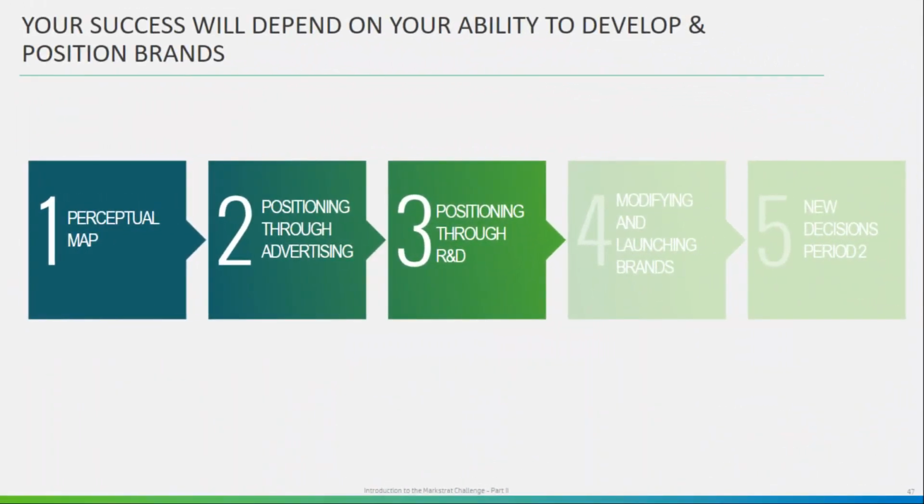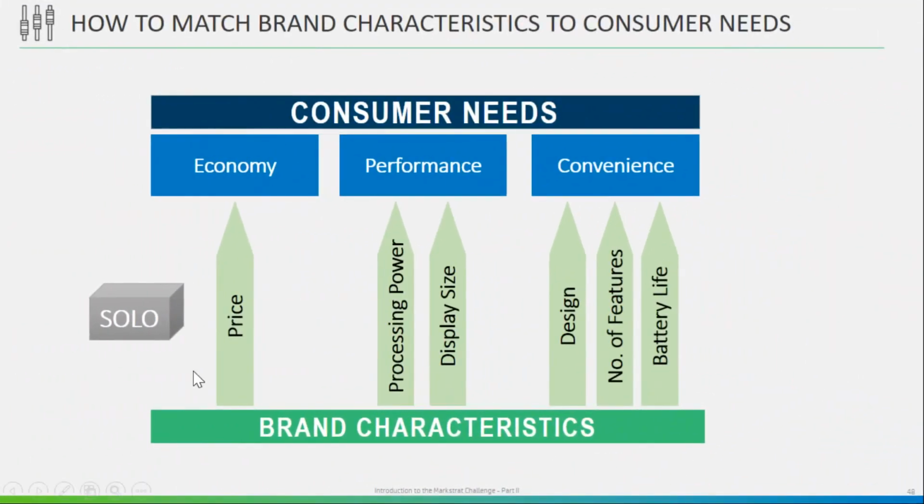Okay, positioning through R&D. If perceptual objectives aren't going to work, you can use R&D. So you've got these brand characteristics for the Sonites. It's price, processing power, display size, and so on. You can create or update the attributes of any particular brand using R&D.